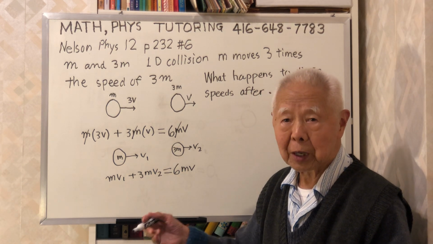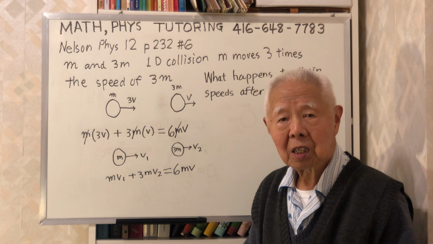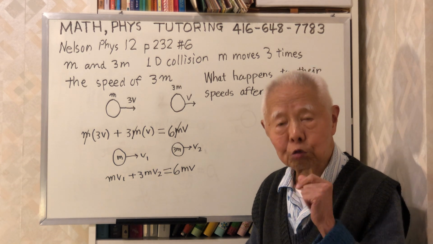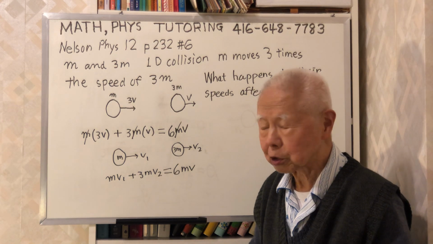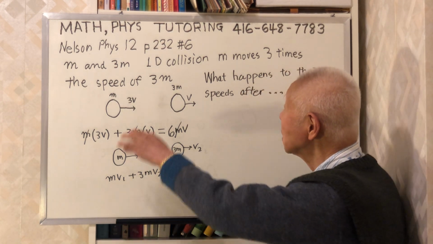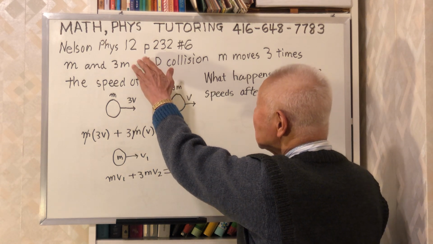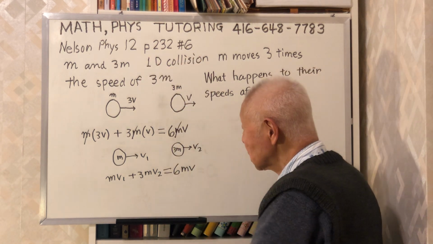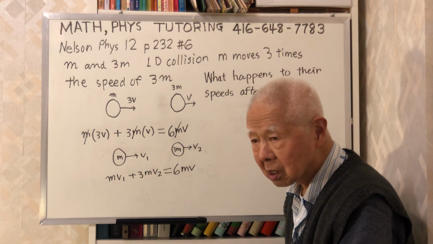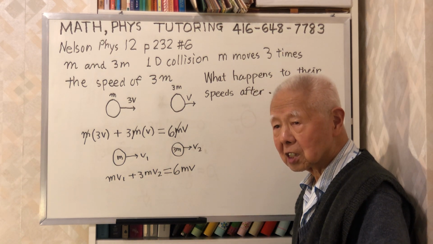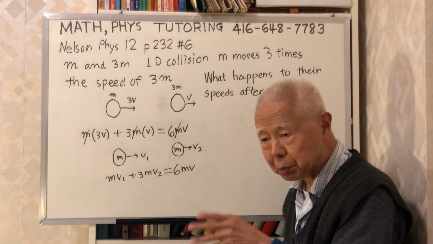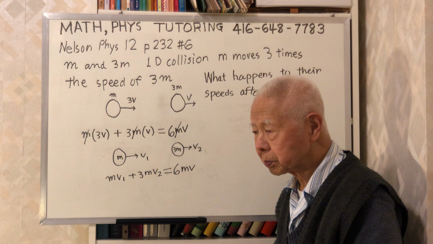To find v1 and v2, I need another equation, so that I have two equations, two unknowns. But this question got stuck here. In other words, I cannot describe the speeds after collision.